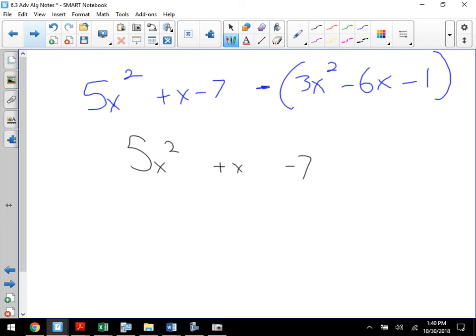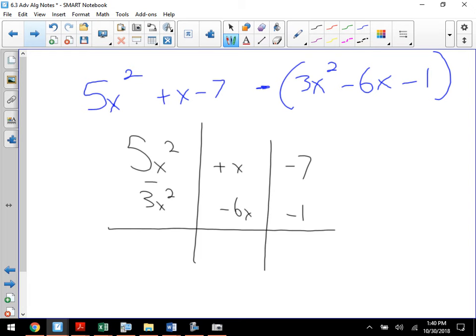Then I rewrite underneath it 3x squared minus 6x minus 1. And I have 3 subtraction values. That's why I do that. It spaces it out, and it forces you to distribute the negative to each individual part. 9 times out of 10, that's what you pick to do.